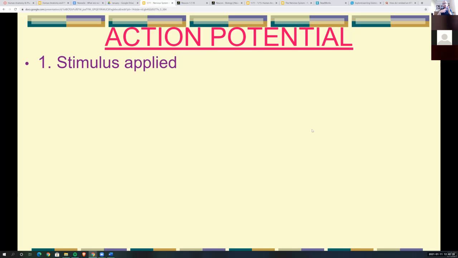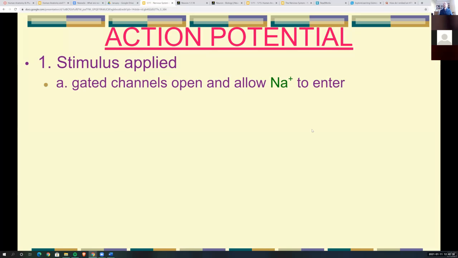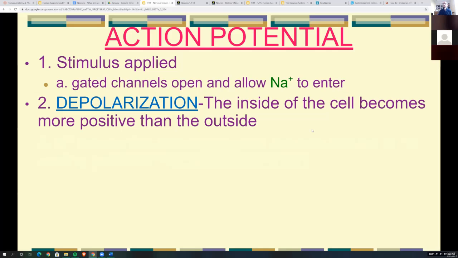It's going to then stimulate the neuron by changing the concentration of sodium and potassium around that neuron. Gated channels open when the stimulus is applied and allow sodium to enter. And it floods in really fast. This results in what we call depolarization.